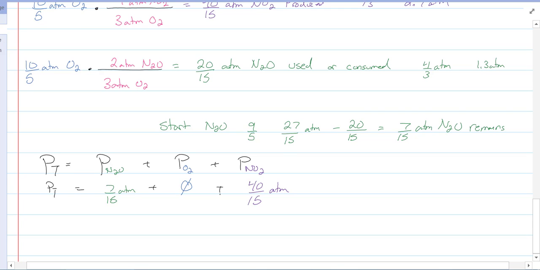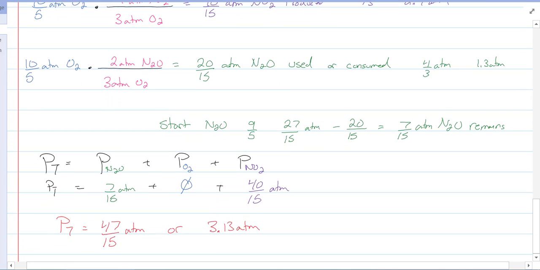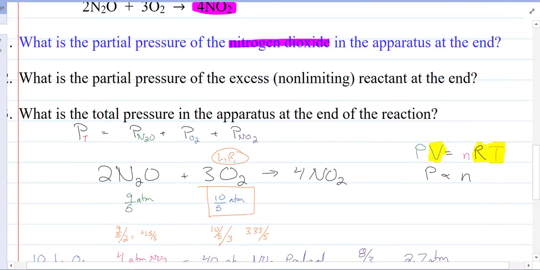So if we add that up, my total pressure looks like it's 47/15 atmospheres, or we can do 3.1 or 3.13 atmospheres will work. That's all this is. So I used the fractions because it was easy for me to add. But you do what you want to do with that.